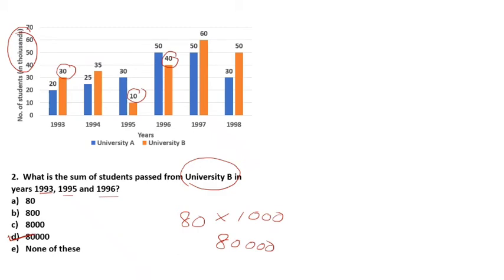When we calculate it, we will get the answer 80 and we will forget that we have to multiply this number by 1000, because in the question it is given that the number of students are measured in 1000. So that 1000 you have to multiply here to get the correct answer 80,000. Note it, and then go to the next question.